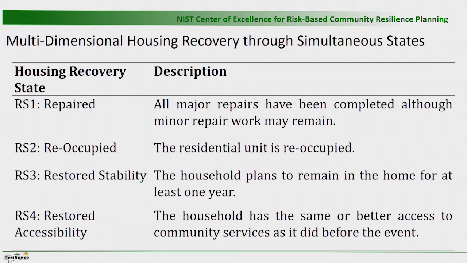Now, another quick thing I must add here is that we were able to design a household survey from wave 1, which was collected about 2 months after Hurricane Matthew in Lumberton, North Carolina, asking households not only about their damages, their life disruption, dislocation, but also about access to resources and their decisions about whether they want to stay, they want to leave, and so on and so forth.